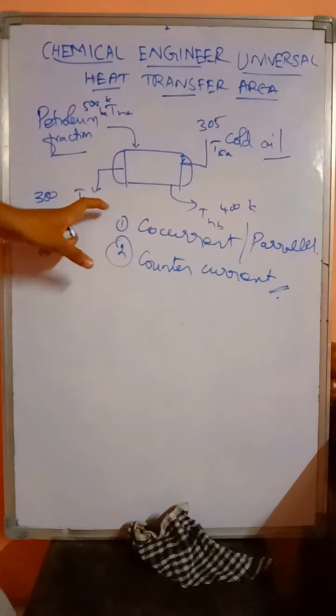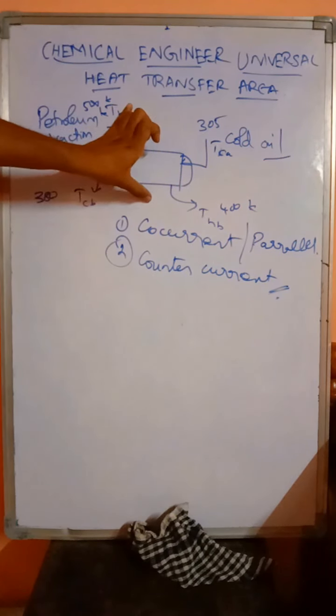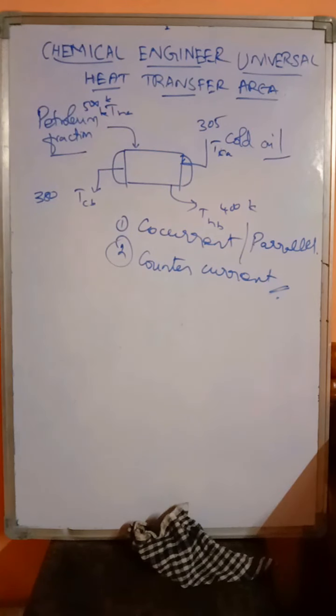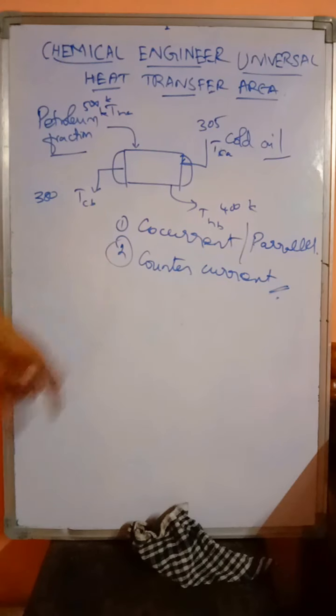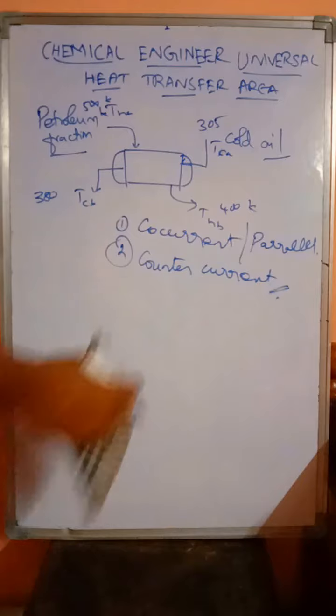So there are two types of flows we can use. We can use the shell and tube heat exchanger in both ways, parallel flow or counter current flow. It will be decided based on the cost and how much energy it is transferring, right? For this purpose, let me explain.